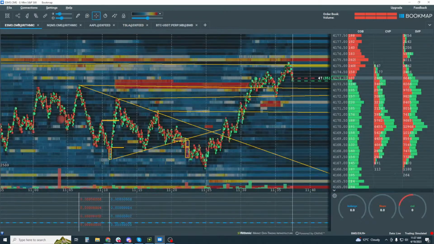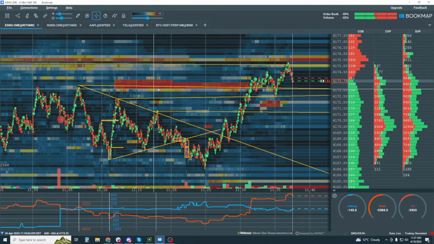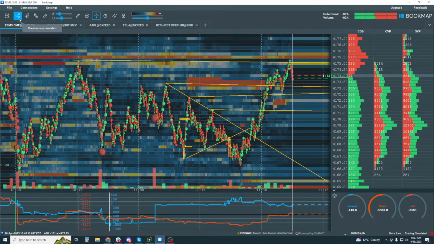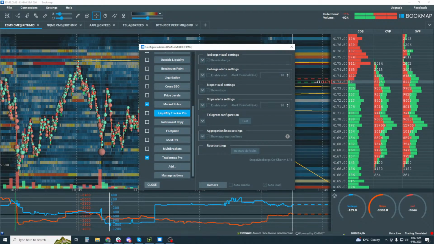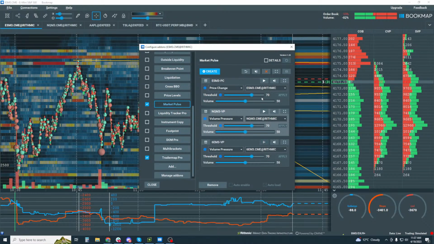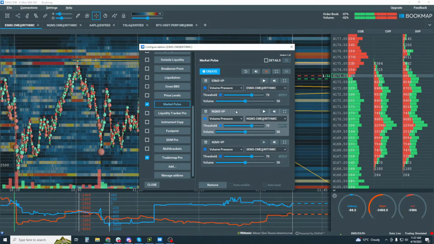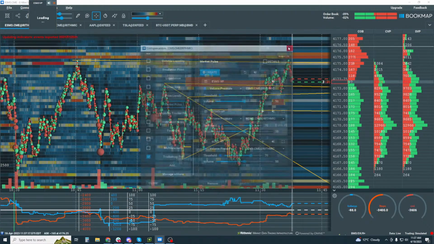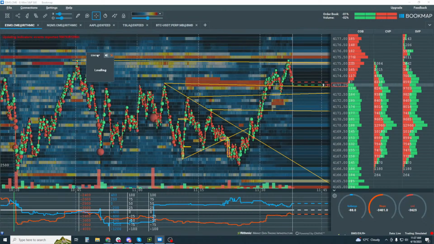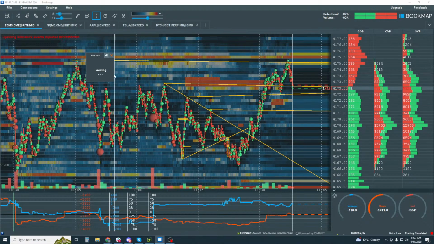So you don't have to be in the area. There was an update, but let's just go back to the ES, and that's the one that pops up here. We can look at price change, spread change, and also volume pressure. Let's look at volume pressure, and we'll hit play. It's going to look at a threshold, and when the volume goes above that threshold, we'll see something happen in here.